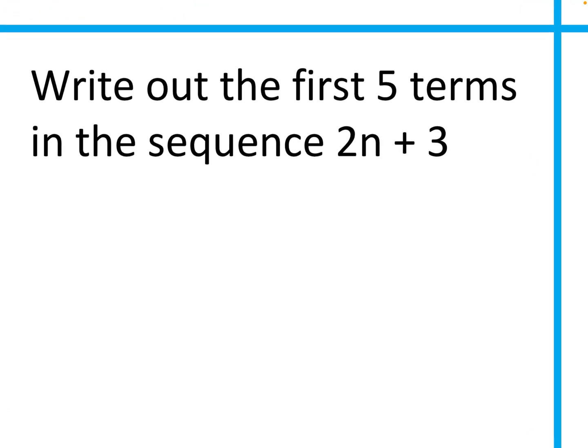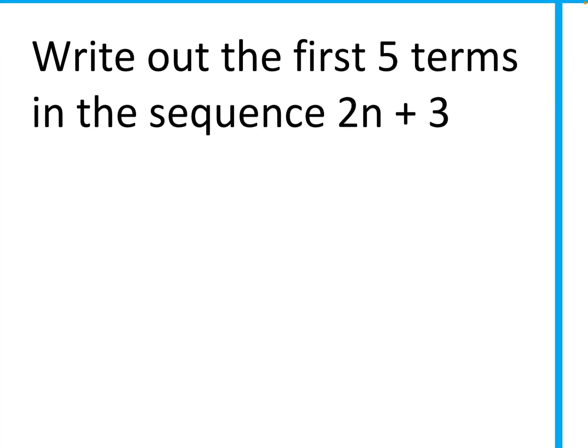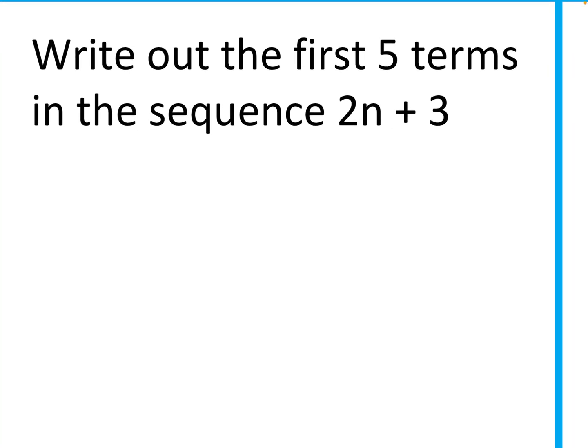Now if we work ourselves down, write out the first 5 terms in the sequence, 2n plus 3. So our term that we're using is 2n plus 3. And what I'm going to do here is work out the first 5 terms. So each time what I'm going to do is substitute in numbers 1, 2, 3, 4, 5 for n.